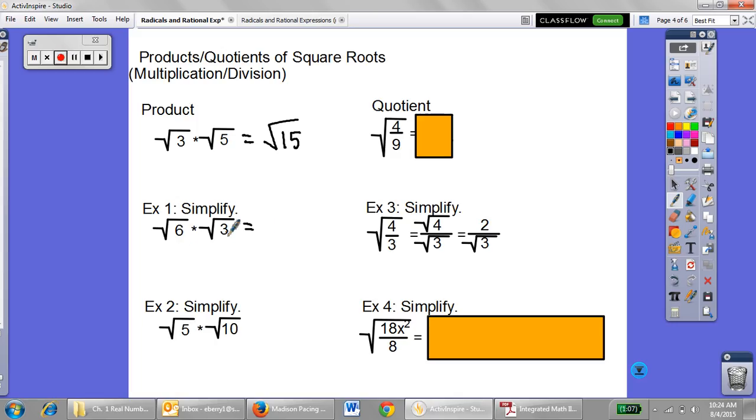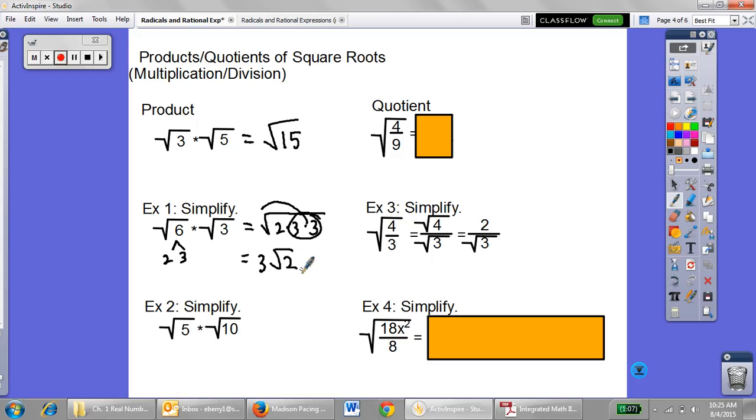I can just multiply 6 times 3 and get the square root of 18, or I can break down the 6 a little bit here. In this case, I'm going to break the 6 down into 3 times 2, so I end up with the square root of 3 times 2 times 3. Circling the pair and bringing it out, I end up with 3 square root of 2.